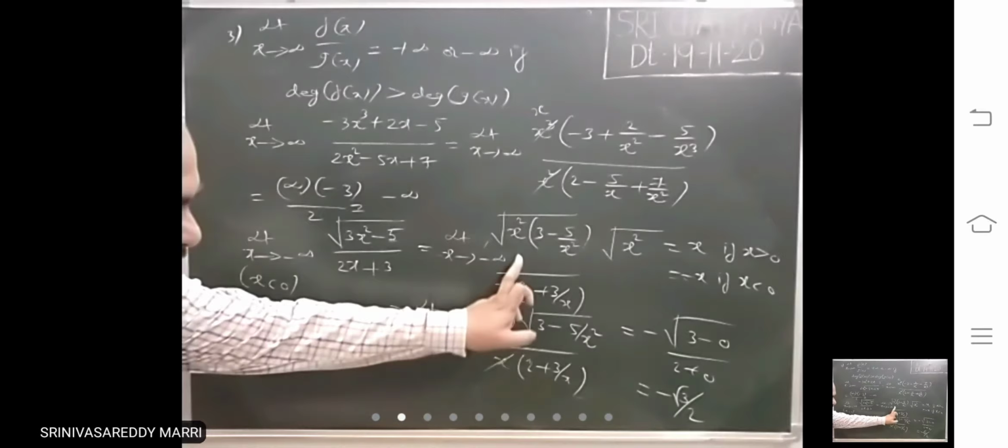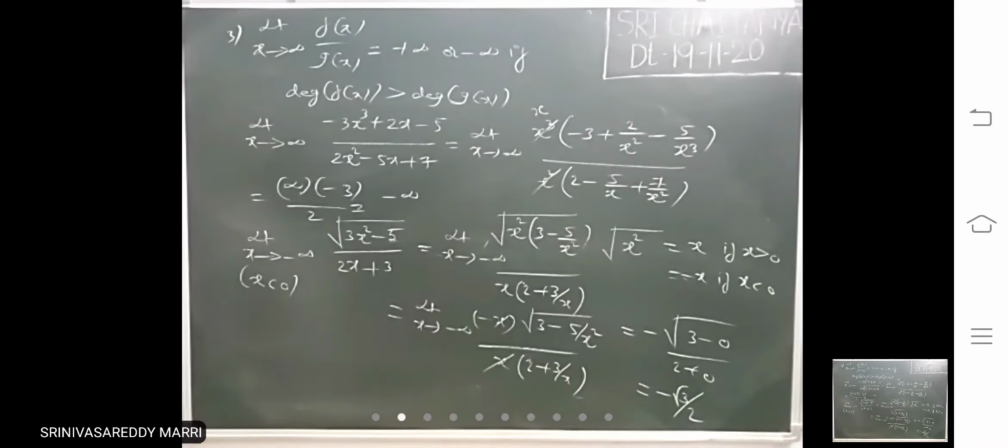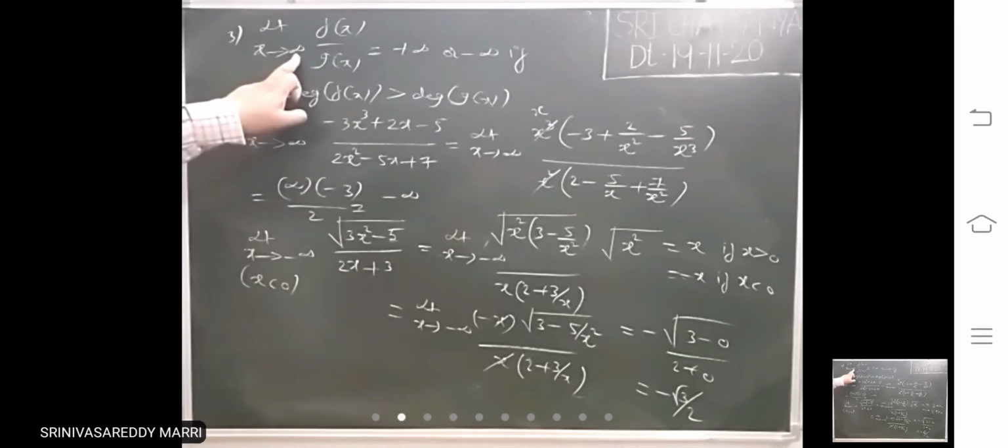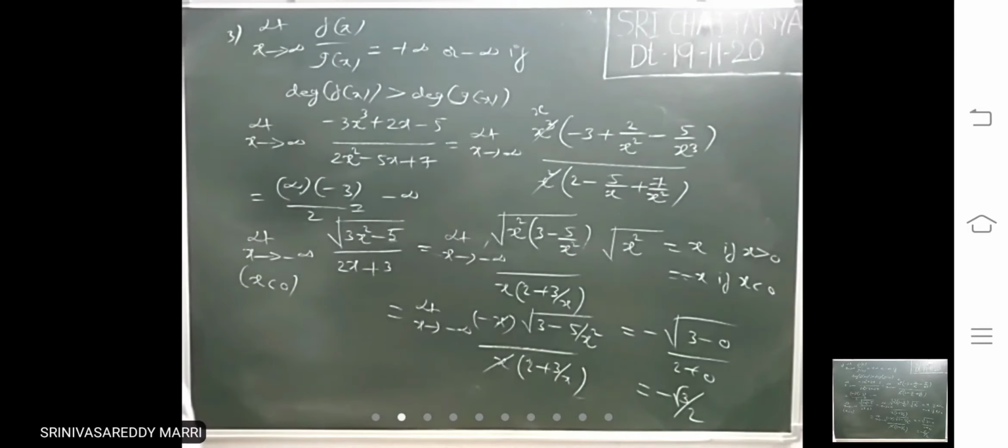Here, instead of root of x square, if you write x, you will get the wrong answer. If x tends to infinity is given, you can write x. x tends to infinity means positive infinity. Depending on the x value, you write root of x square.